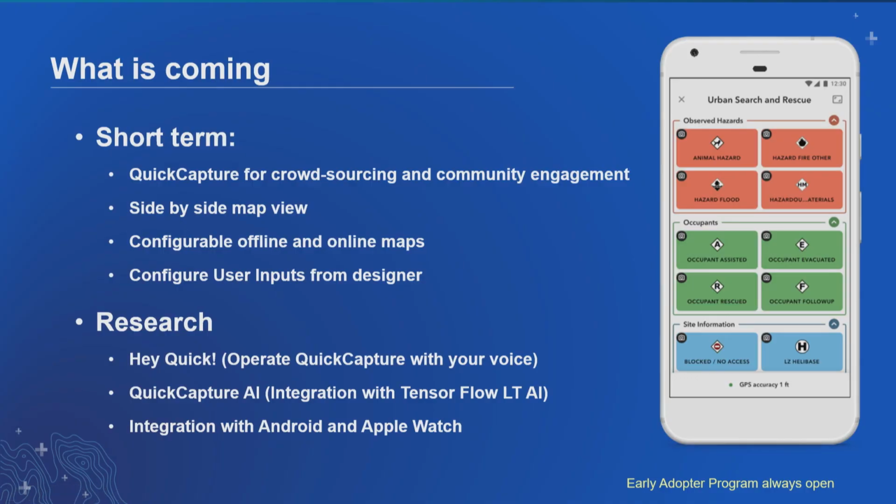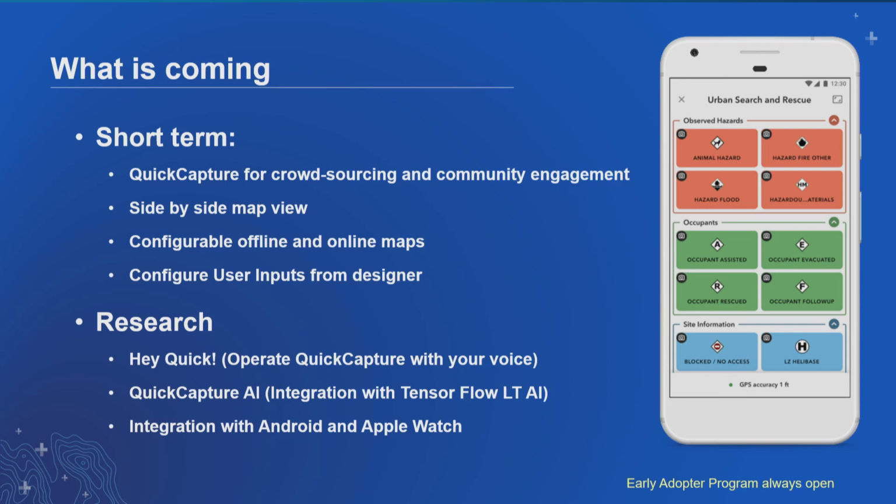The configuration of offline and online maps can be done today through the JSON, but we are going to make it much easier. And then the concept of user inputs is, say you push a button and you want to add a little comment. That is actually supported already by the application, but you cannot configure it visually. You have to go into JSON, so these things will get introduced in the designer visual environment.